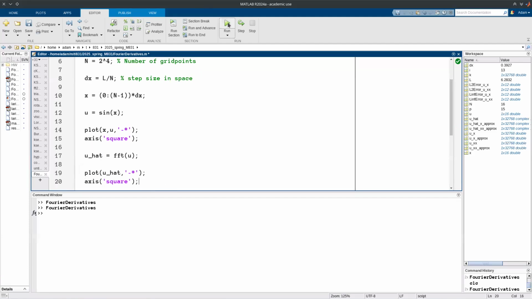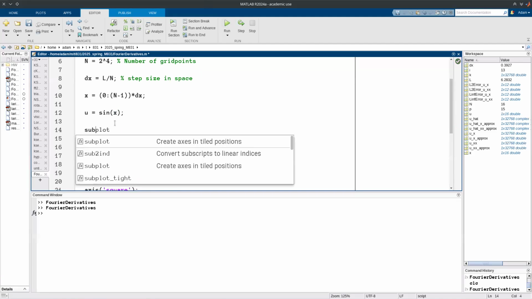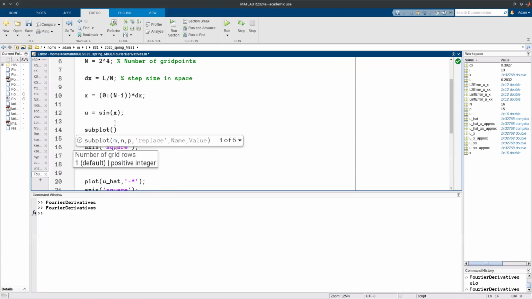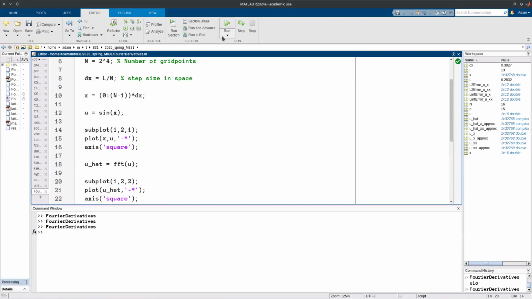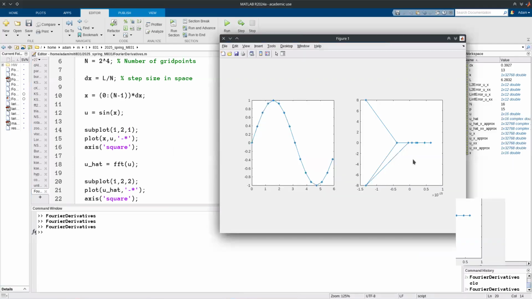All right. So we plot this. Let me do one more thing so we can see these plots side by side. Let's do subplot 1, 2, 1 for the first one. So it's a 1 by 2 plot with the first entry. And here's another 1 by 2 plot, and this is the second entry in that plot. We plot it and we see something kind of confusing looking here on the right.